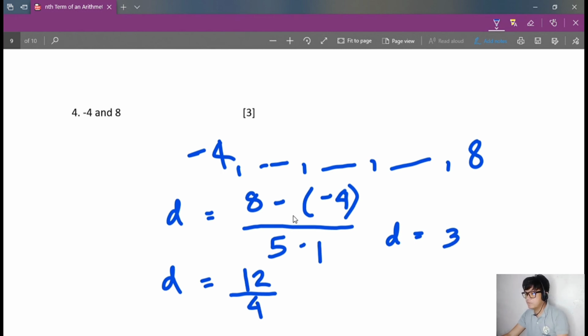The common difference is 3. So we add 3 here. Negative 4 plus 3 is negative 1. Plus 3 is 2. Plus 3, 5. Plus 3, 8. So the arithmetic means of negative 4 and 8 are negative 1, 2, and 5.